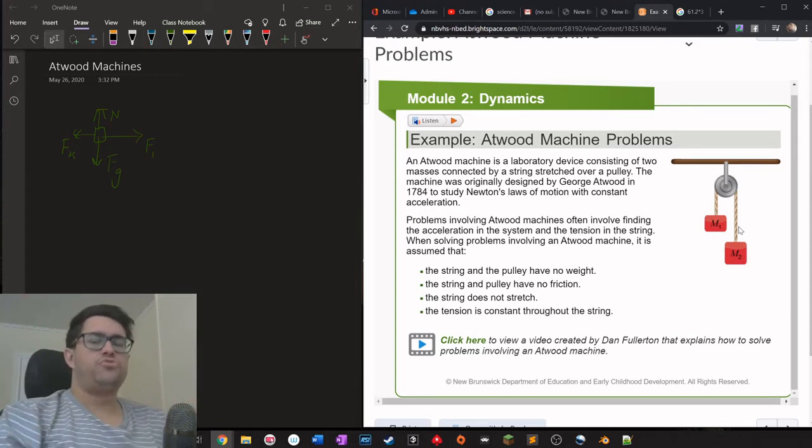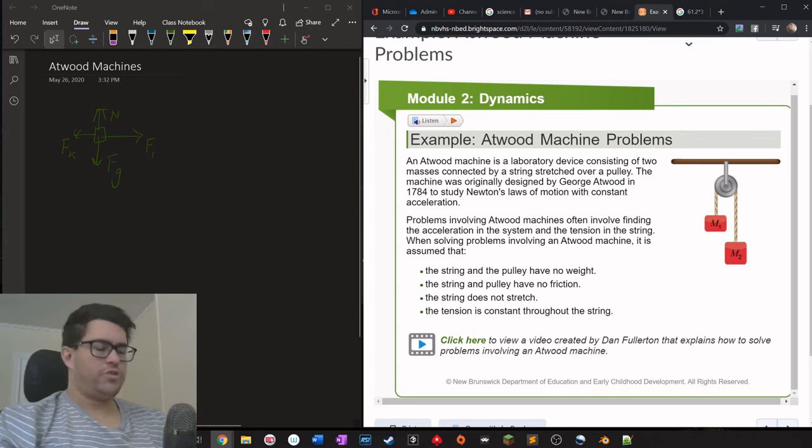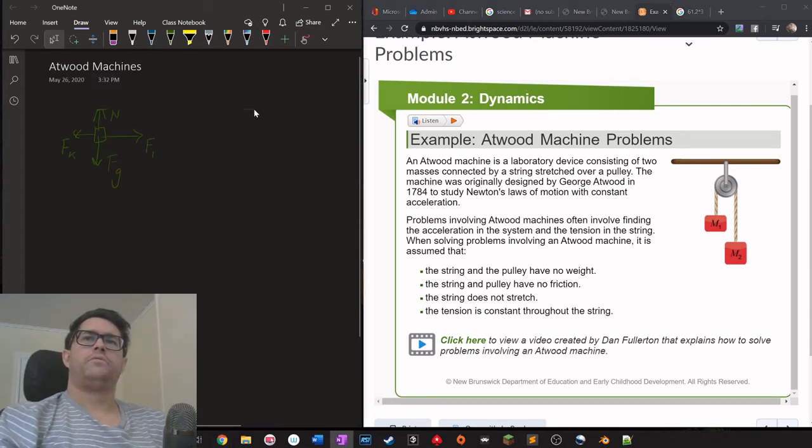You expect mass 2 to go down. Let me try and draw this. I have to relearn how to draw a little bit. This is M1, M1.